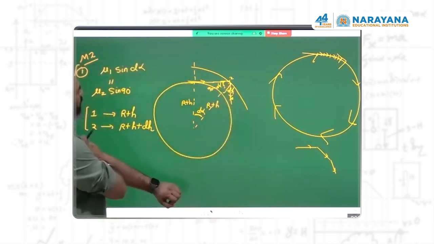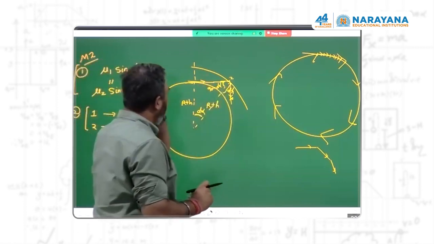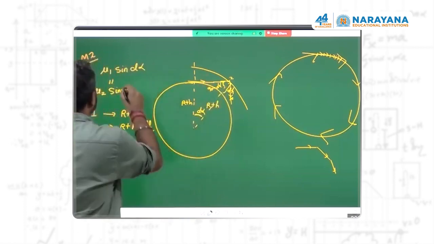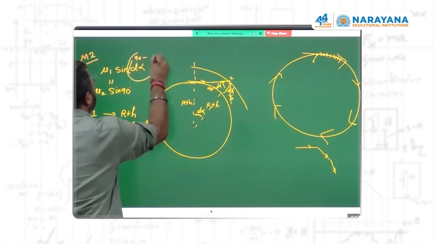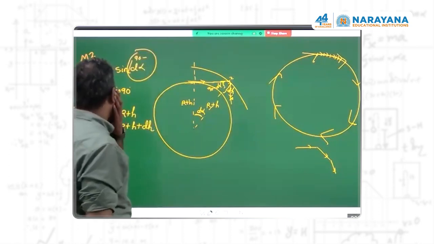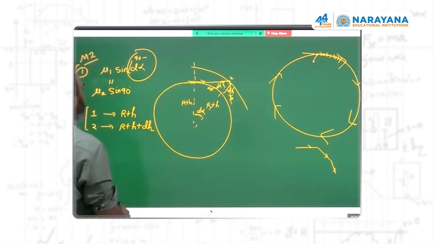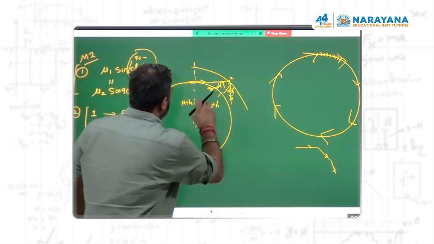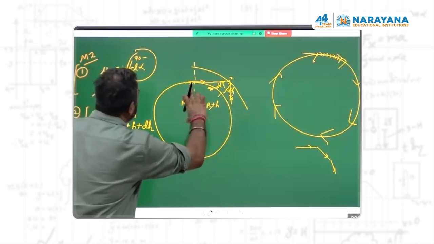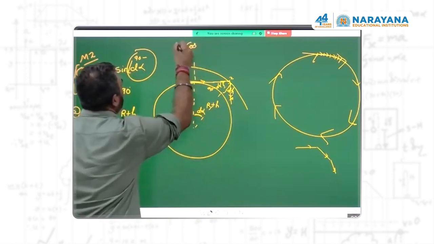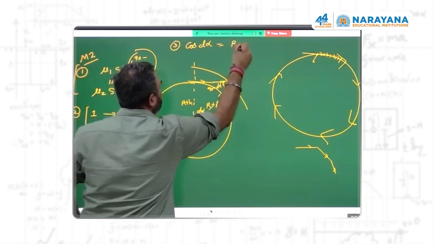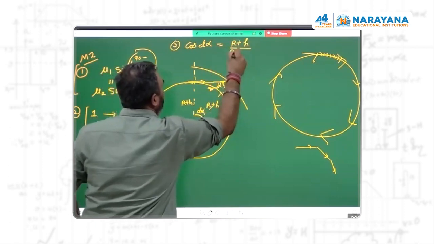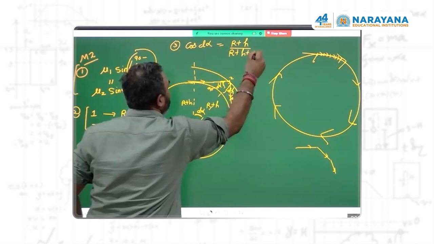So in the same context, if I'm very, very close, I will write it as sine of 90 minus d alpha. And that cos d alpha, it is clear to you, it is R plus H. So that third equation I'm writing as cos of d alpha, which is R plus H upon R plus H plus DH.